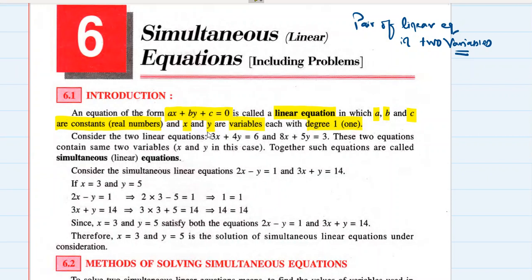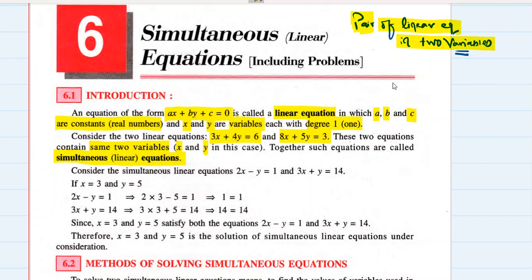Now consider two linear equations, 3x plus 4y is equal to 6 and 8x plus 5y is equal to 3. Both these equations contain same two variables, that is x and y in each case. Together, such equations are called simultaneous linear equations or pair of linear equations in two variables.